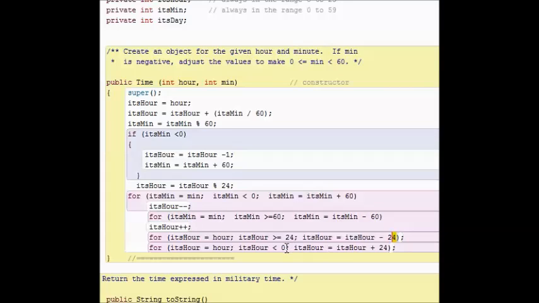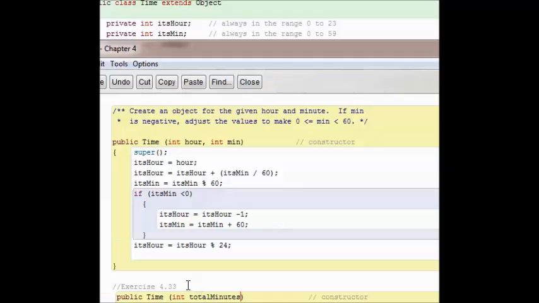So if your hour is less than 0, you're adding 24 to it. If it's greater than 24, you're subtracting 24 from it. Okay. So that's how we're going to do that. It's going to be almost the same. So let's just write it out.